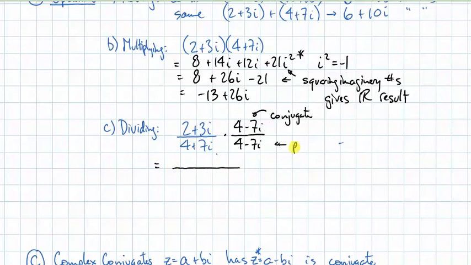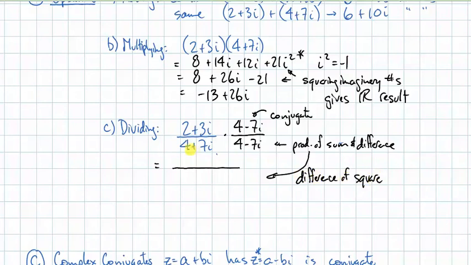These are called a product of a sum and a difference. And what we get is a difference of squares. That's the pattern that you've learned in the past. So I will write 4 squared, and then I'll write 7i squared.